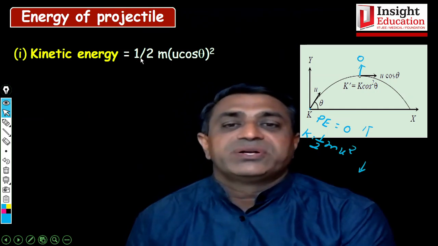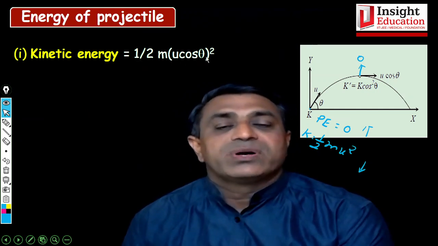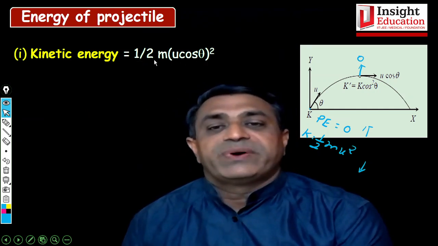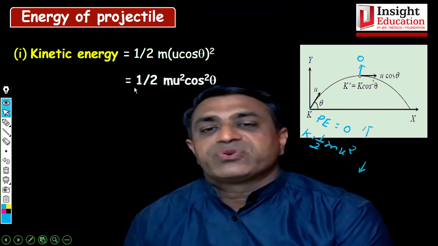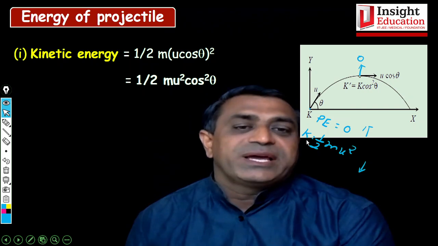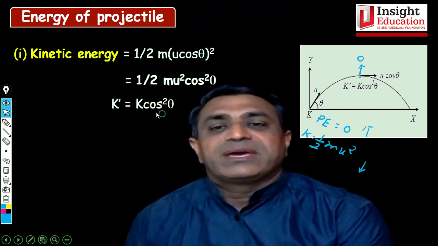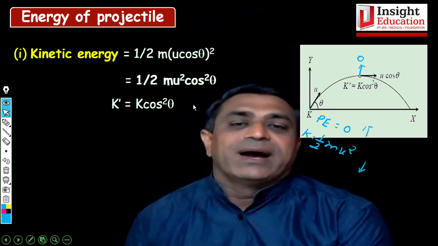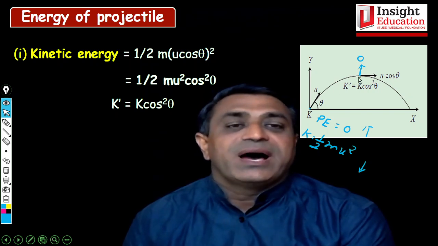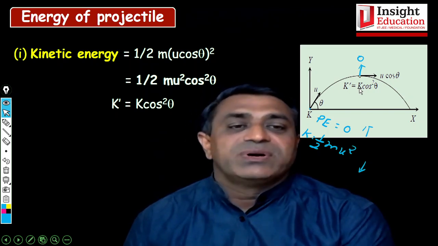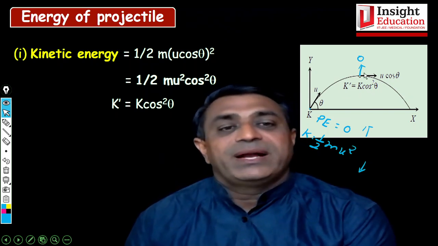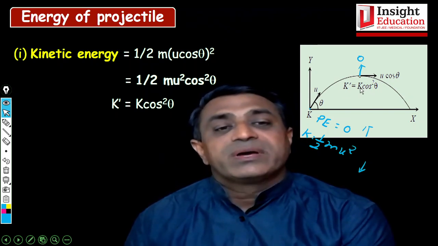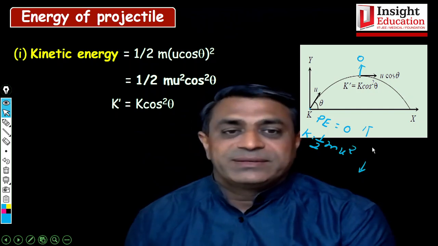So kinetic energy is 1/2 m (u cos theta) whole square, that is 1/2 m u square cos square theta. 1/2 m u square is the initial kinetic energy K, so we can write K cos square theta. It means kinetic energy at the highest point K dash is equal to K cos square theta. Remember this formula.